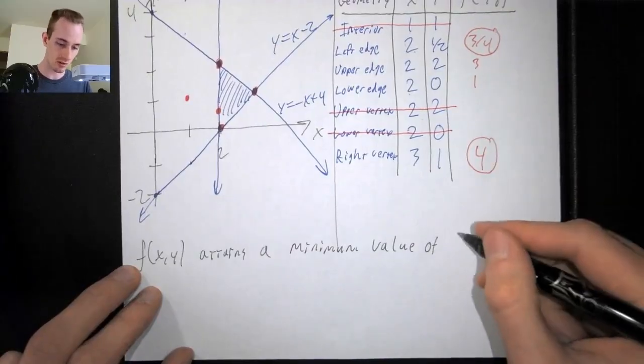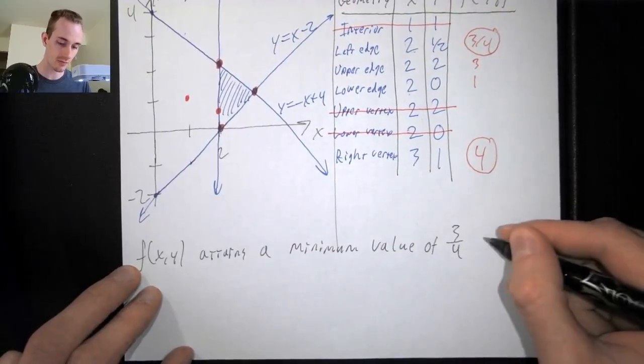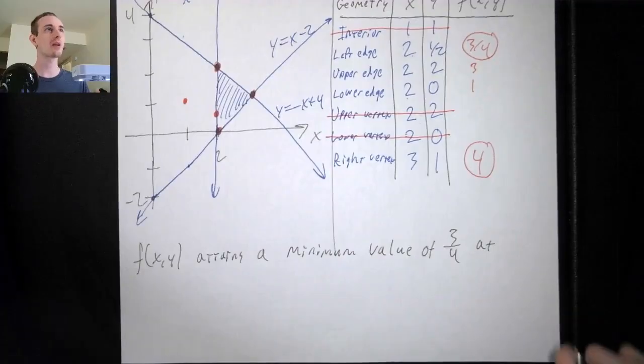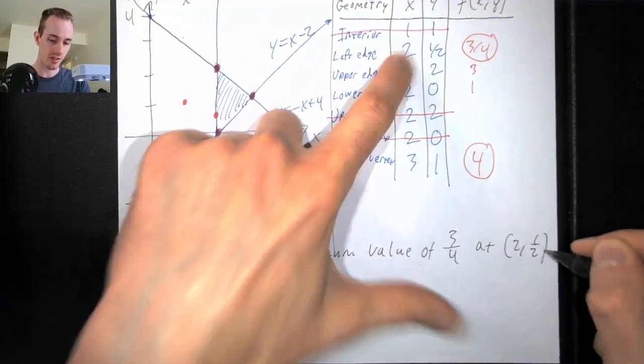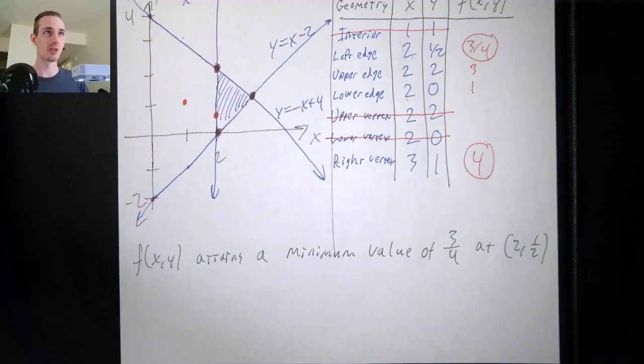That was our lowest value there, 3/4. At, and last time I said x equals, you could say x equals and y equals if you want. I would rather express this as a point. So this would be 2, 1/2. That's the input point that results in an output of 3/4.